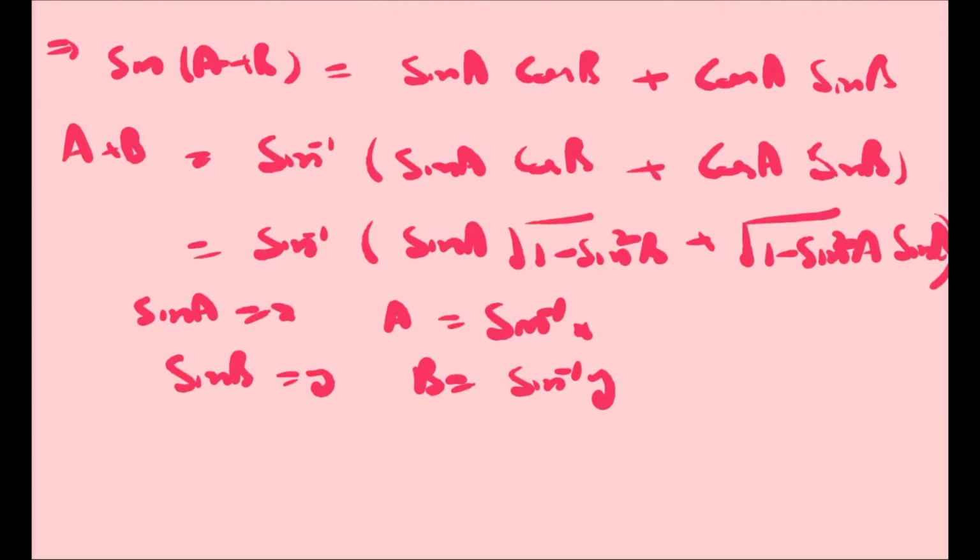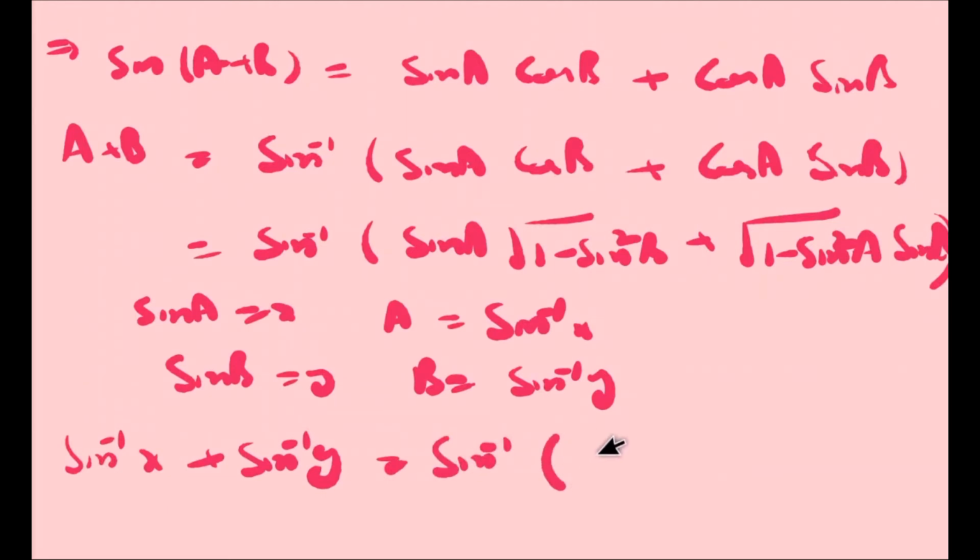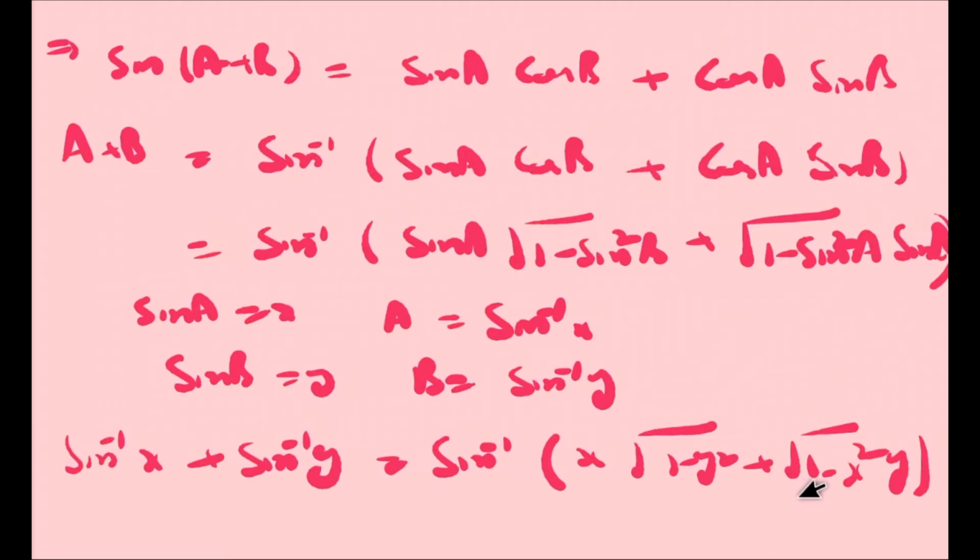Putting this value, we can find the formula: sine inverse x plus sine inverse y equals sine inverse of (x under root 1 minus y square plus under root 1 minus x square into y).